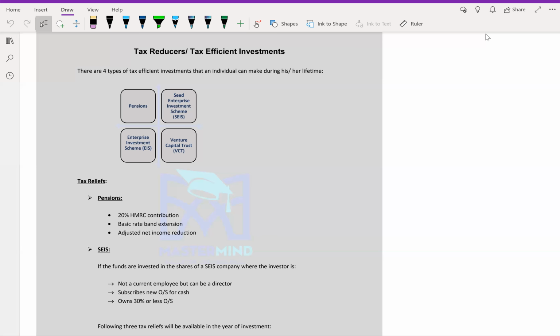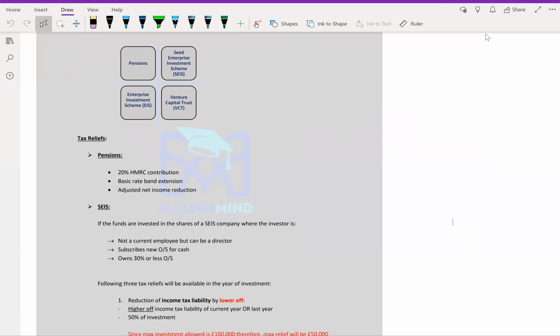Okay. Now, the point is, there are four schemes that we will be discussing. Pensions, we've already discussed this in very much detail, right? SEIS, enterprise investment scheme, and venture capital trust. All right. So SEIS is your seed enterprise investment scheme. Seed. You probably would have heard this term a lot within the last, you can say, 10 years, right?